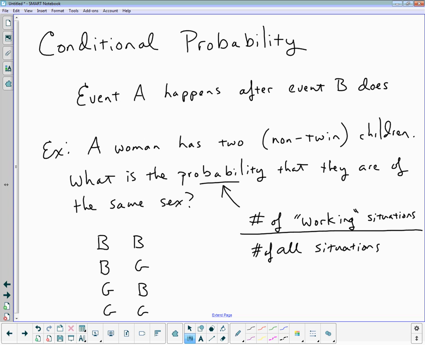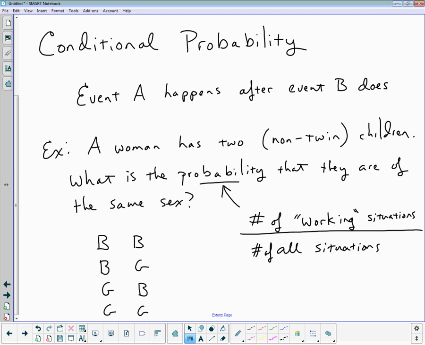So the number of working situations, that is, situations that are the answer you're interested in, in this case when both genders are the same, over the number of possible situations altogether. So a couple of things right off the bat: since the number of possible answers that work for you, your numerator, is going to be either equal to or smaller than, most often smaller than, the number of all possible situations, probabilities are small numbers. They're between 0 and 1.